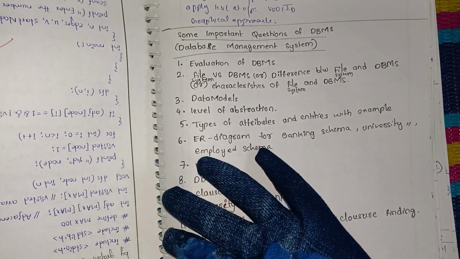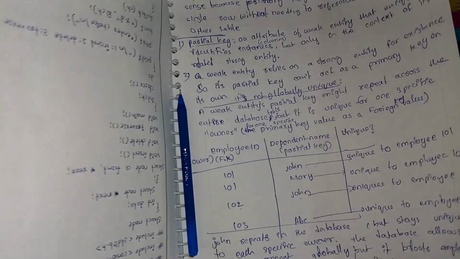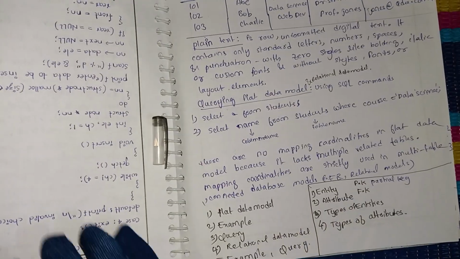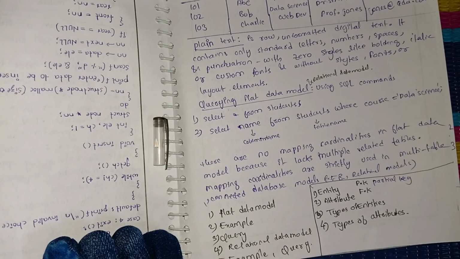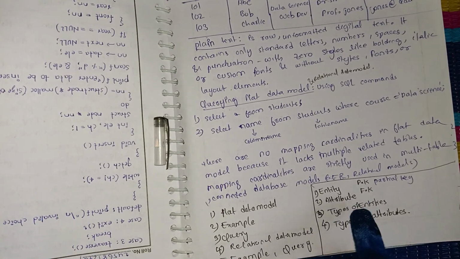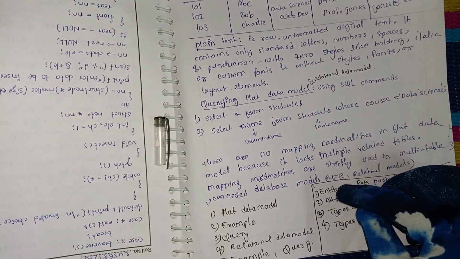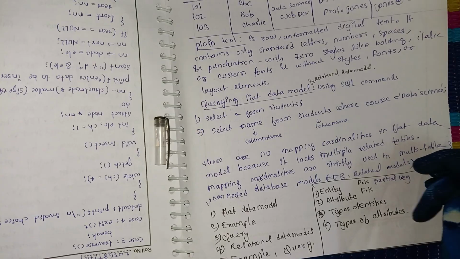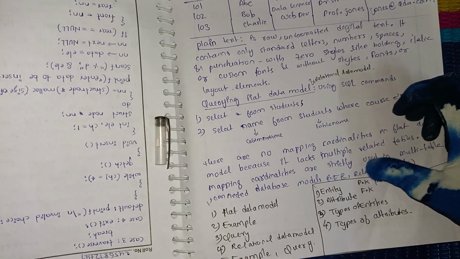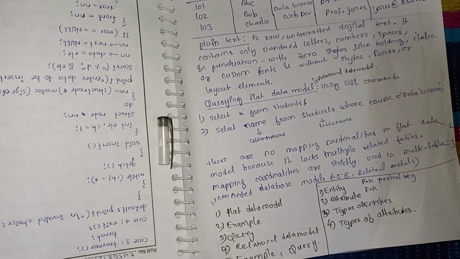Okay, in this class we will see what is entity and types of entities. For that we need to understand what is primary key and foreign key and also partial key.